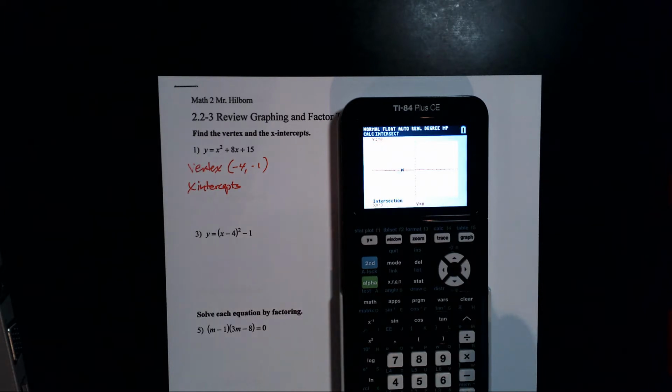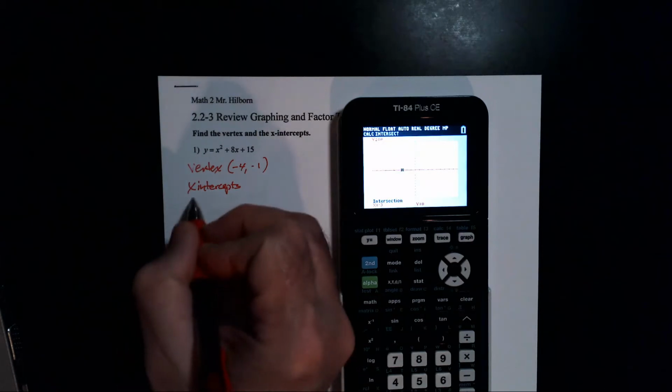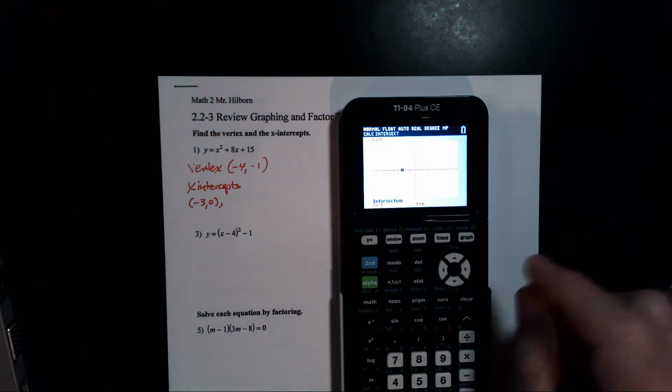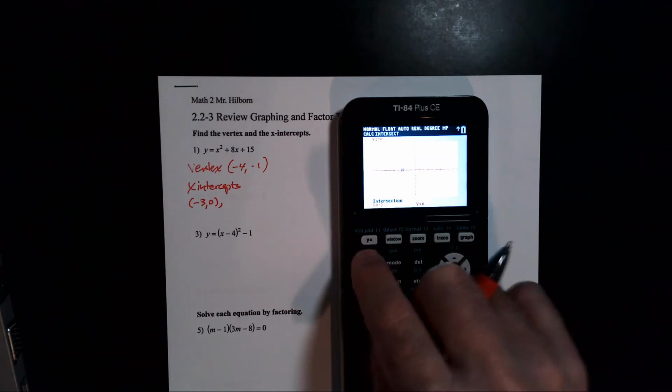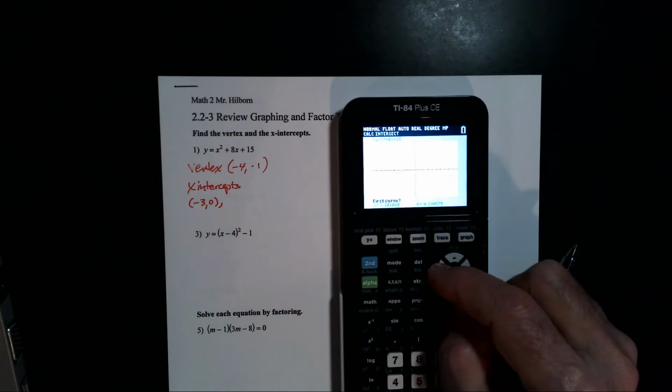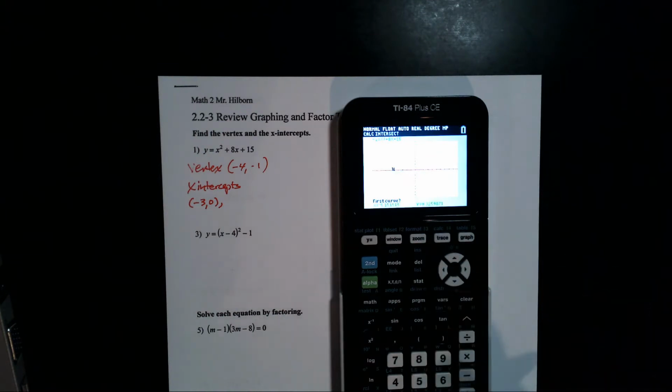So that x-intercept is -3, 0. And the other one, we'll go back to second calc, number 5, intersection, left arrow over, and hit enter 3 times. 1, 2, 3. And that is at, I can't read it, -5, 0.